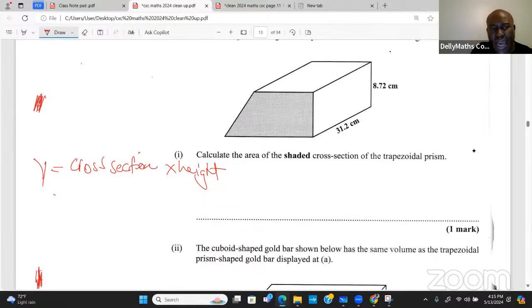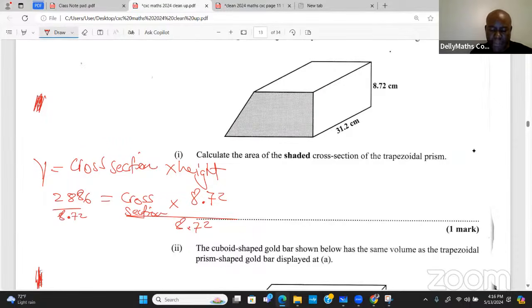The volume was given as 2886. So the volume is equal to my cross-section times my height, but my height is 8.72. So if I divide both sides by 8.72, it's going to give me what the shaded region is.